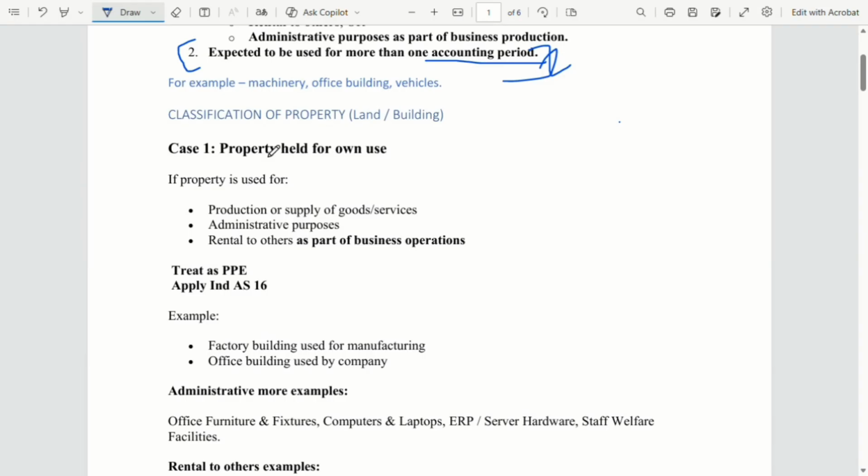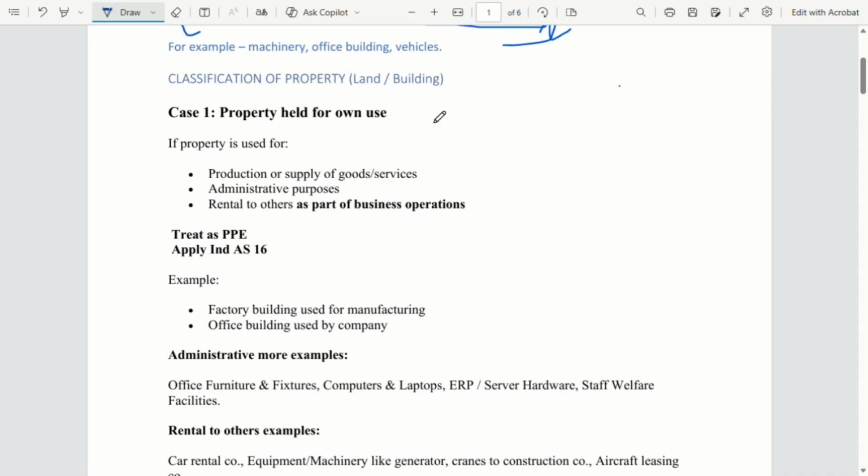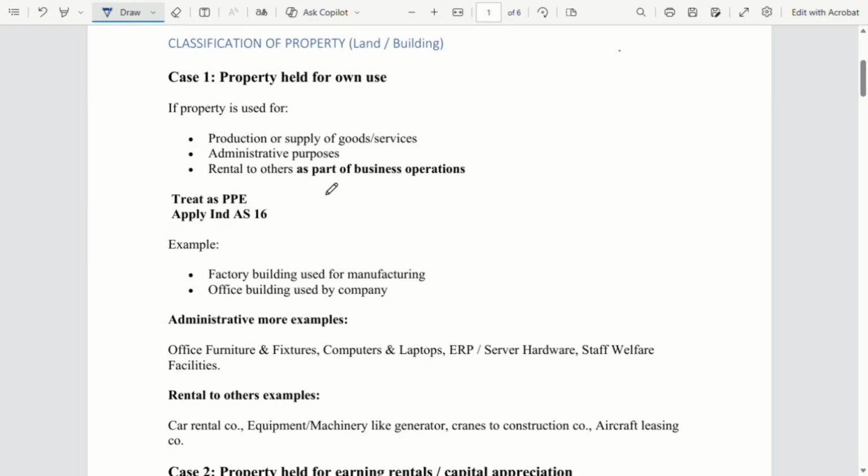Now, classification of property. Here individually I have taken land and building. So the land and building, if we are using for the business purpose, like for the production or supply of goods or services, or for administrative purpose or rental to others, then only that building or land will be classified under Ind AS 16.